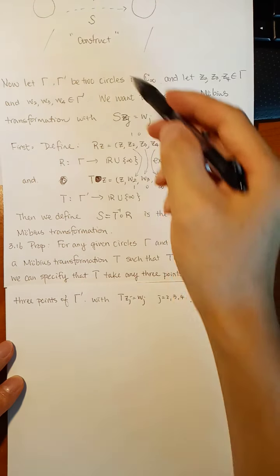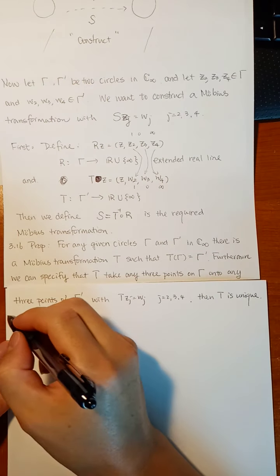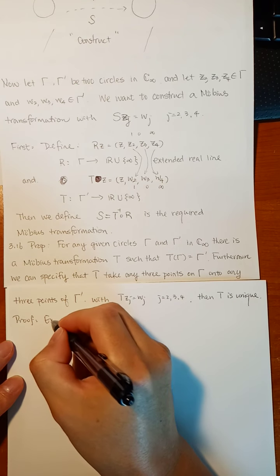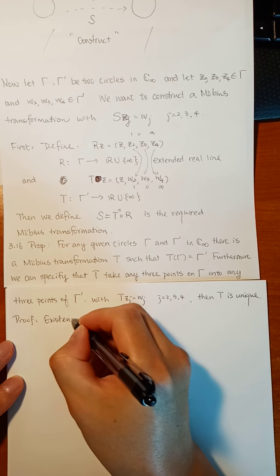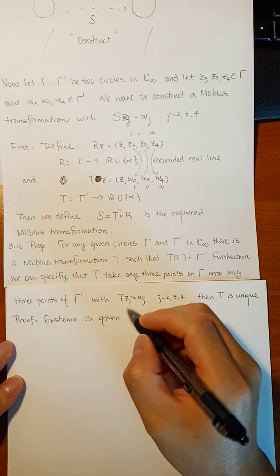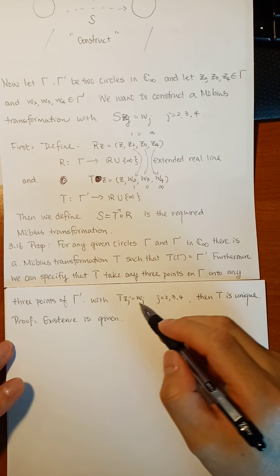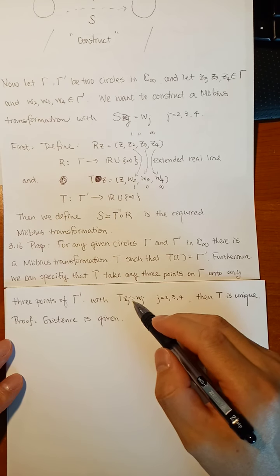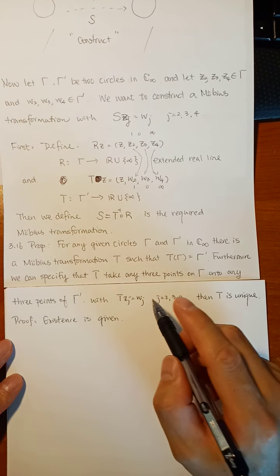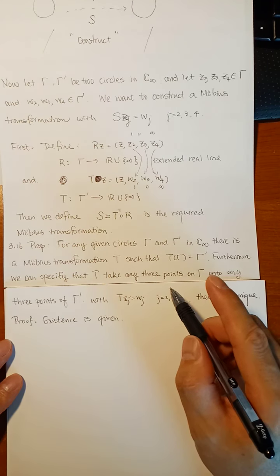The proof is already given by this construction. The existence is given. And the uniqueness is always determined by the actions of a Mobius transformation over arbitrary 3 distinct points.